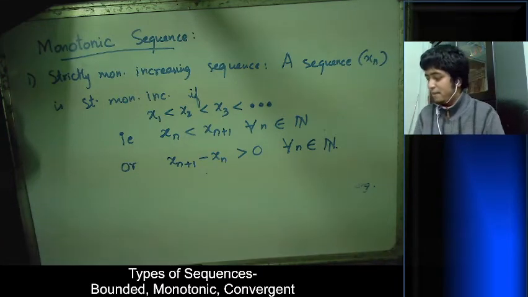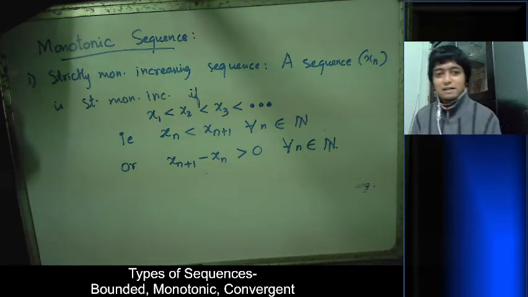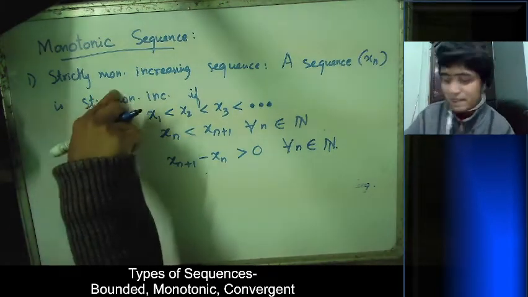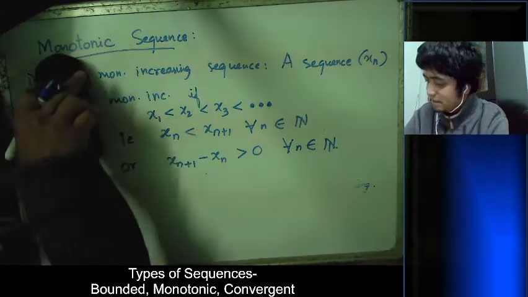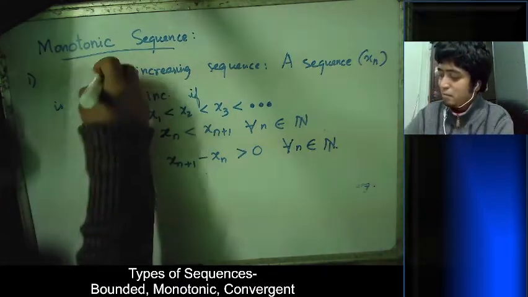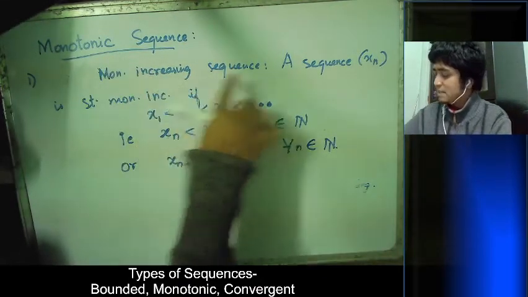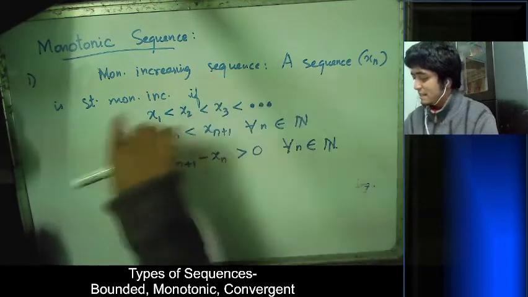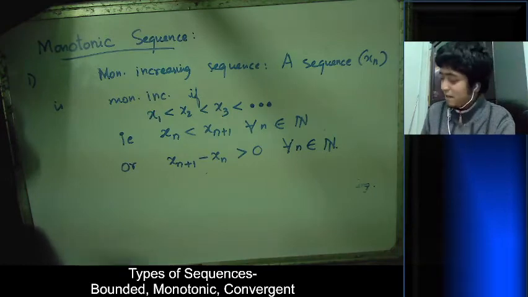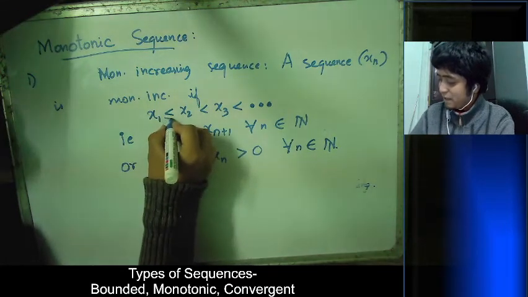Similarly we can define strictly monotonic decreasing. What exactly will we define next? We will remove this strictly, and we will keep only monotonic increasing sequence. So a sequence xn is monotonic increasing. Over here, what exactly are we having?